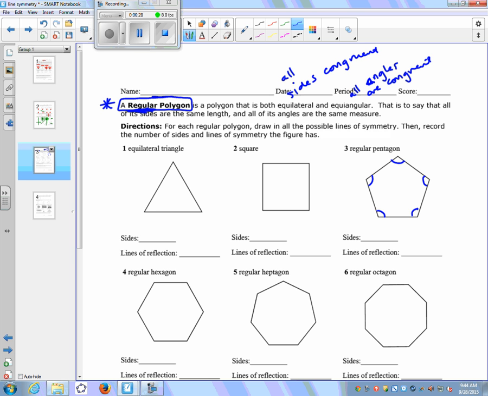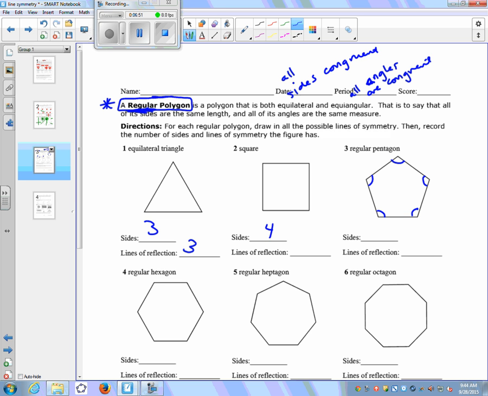Okay? All right, so in here, we're just noticing the number of sides and the number of lines of reflection and trying to see a pattern. This has 3 sides, and it's going to have 3 lines of reflection because it's a regular triangle. Same thing here.